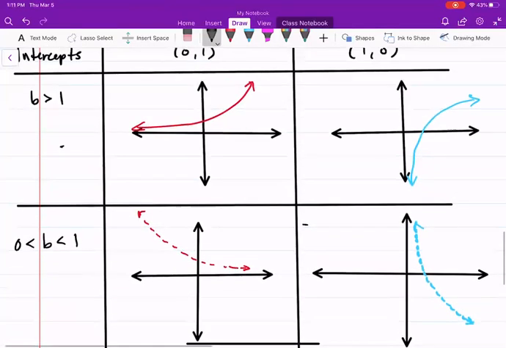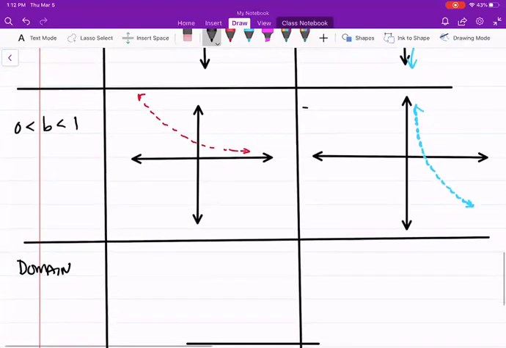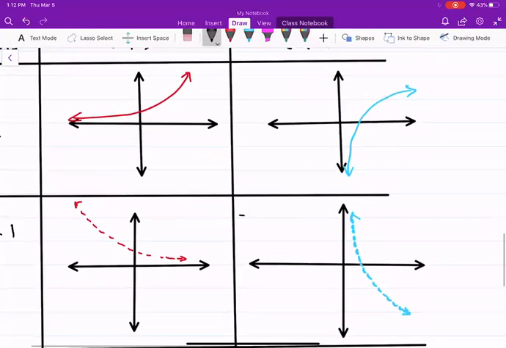Okay, so talk to me about the domain of the exponential function. Negative infinity to positive infinity? Awesome. How about for the blue?